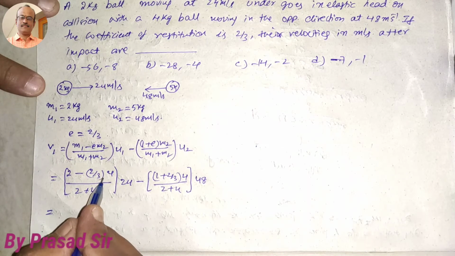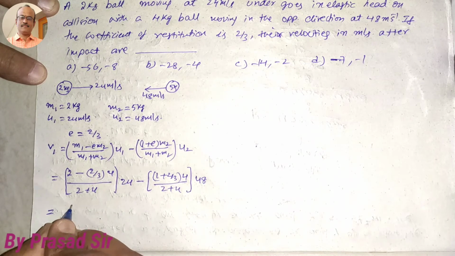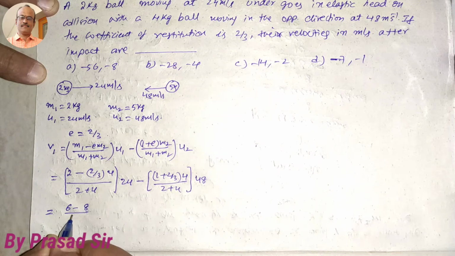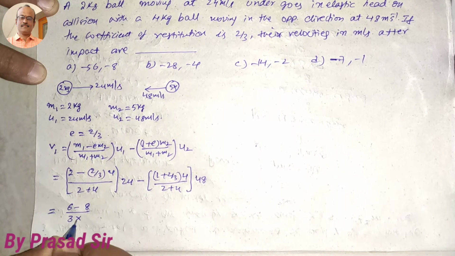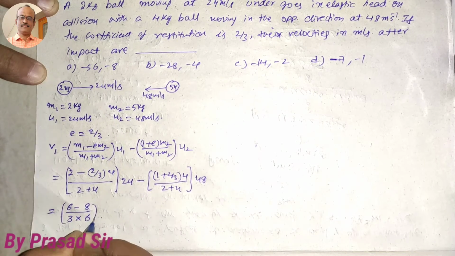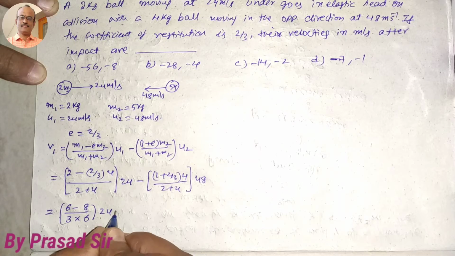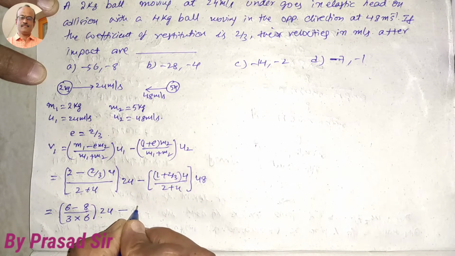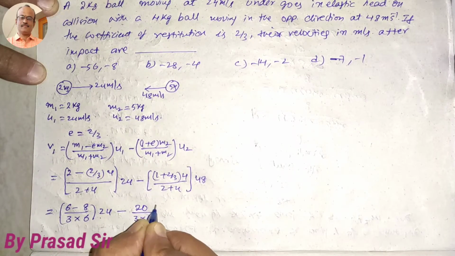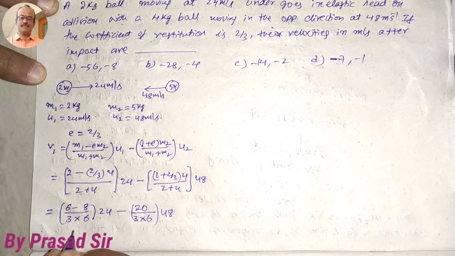Now on simplification, (6 minus 8) divided by 3 into 6, because 3 is here, into 24, minus, on simplification of this one, 20 divided by 3 into 6, into 48.